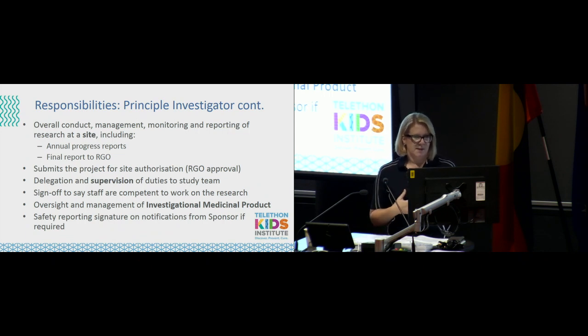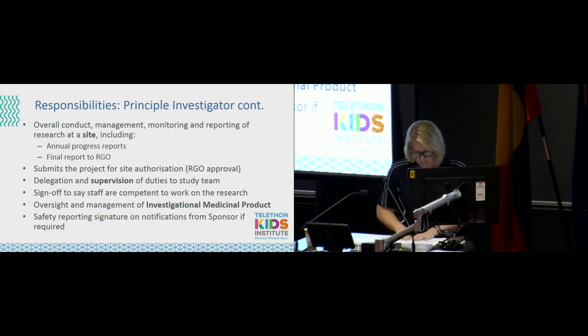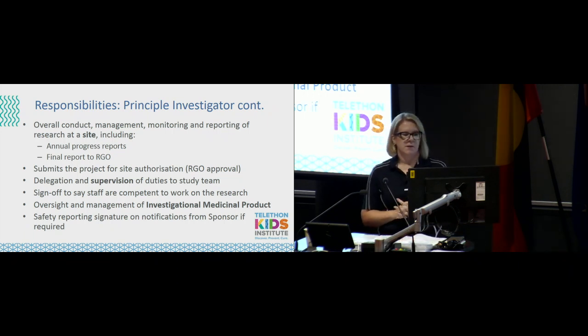So, the principal investigator has responsibility for the overall conduct, management, monitoring and reporting of research at the site level. And they would also include annual progress reports and a final report to the Research Governance Office within that site, that organisation, and are ensuring that they have the right authorisations to undertake the research at that site.